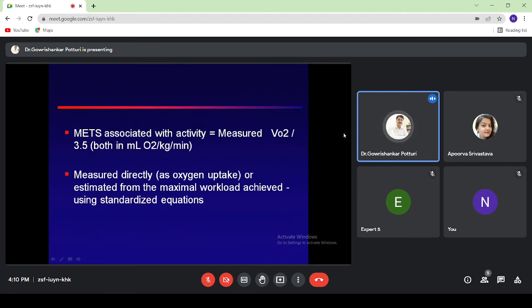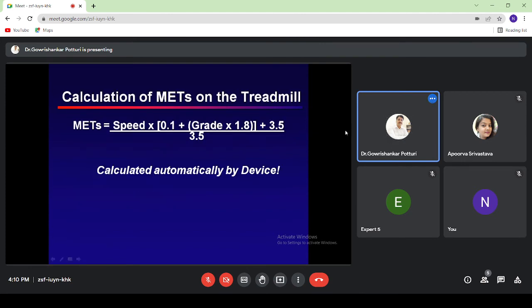MET associated with activity is equal to measured VO2 divided by 3.5, both in ml oxygen per kg per minute, measured directly or estimated from the maximum workload achieved using standardized equations. So this is the calculation of MET on the treadmill, which we already discussed. But you need not calculate this. This will be automatically calculated by the TMT device.